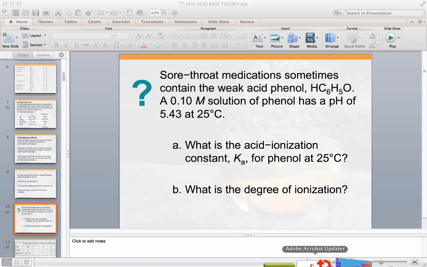Sore throat medications sometimes contain the weak acid phenol. We have a 0.1 molar solution of phenol, and we have a pH of 5.43 at 25 degrees Celsius. And we want to find the Ka for the phenol acid at this given temperature.